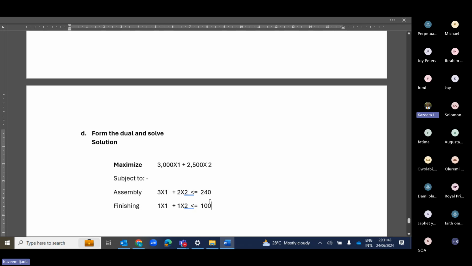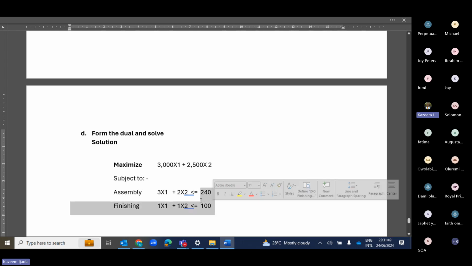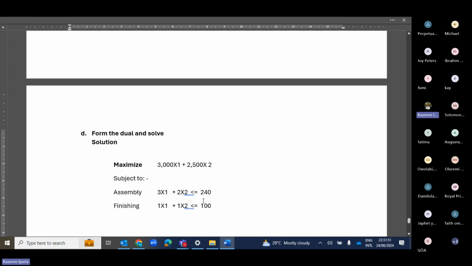Which means that your new objective function will now be this assembling. It's like if I carry my laptop upside down, that's what it does. In this case now, these are costs. It was maximized before, I will now say minimize. So let me show you.